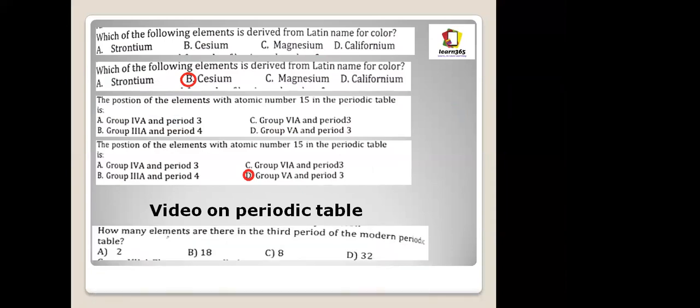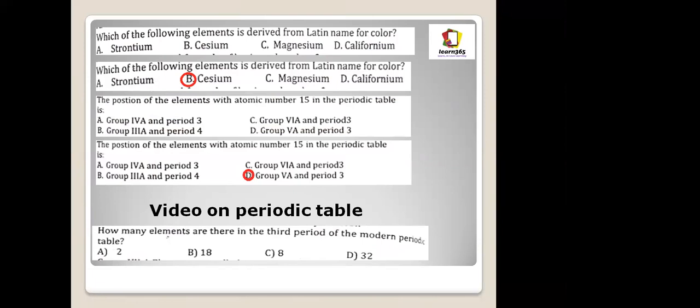How many elements are there? The second question, how do you know the period? It depends on the row.